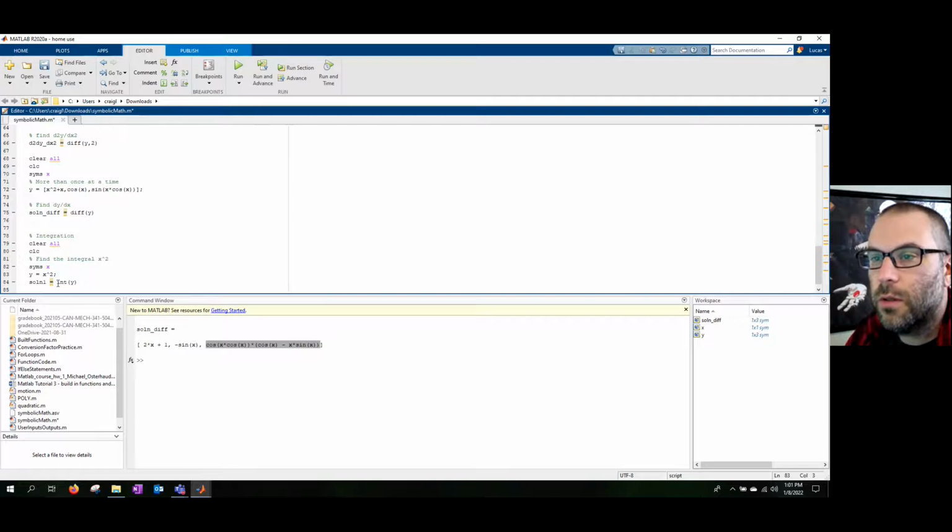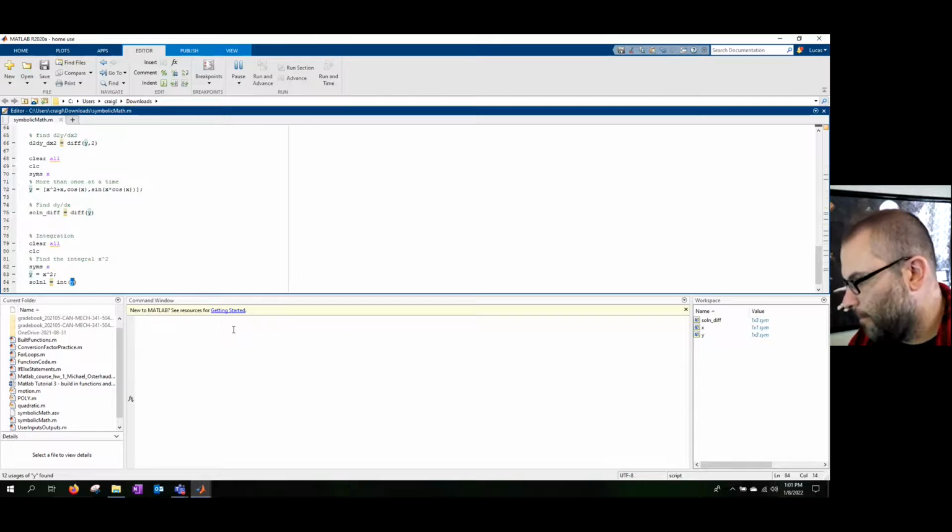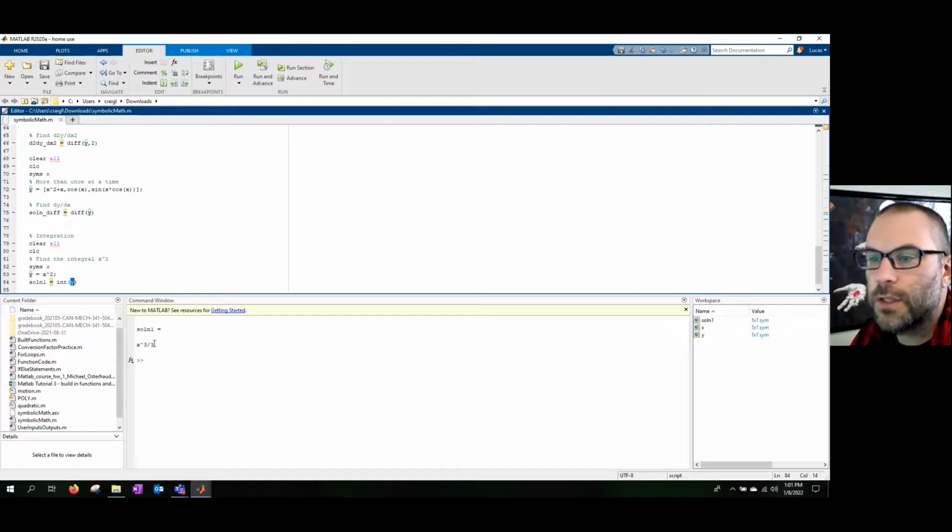To find the integral, you just type int and then put your equation in parentheses. I'll run it. You get x cubed over 3. The way we integrate is we add 1 to the exponent and divide by that. So it's x cubed divided by 3.